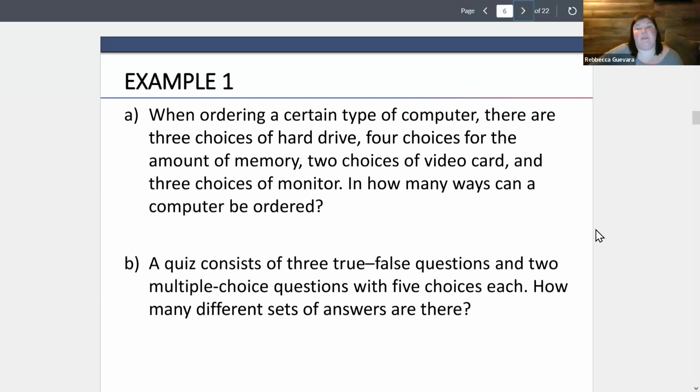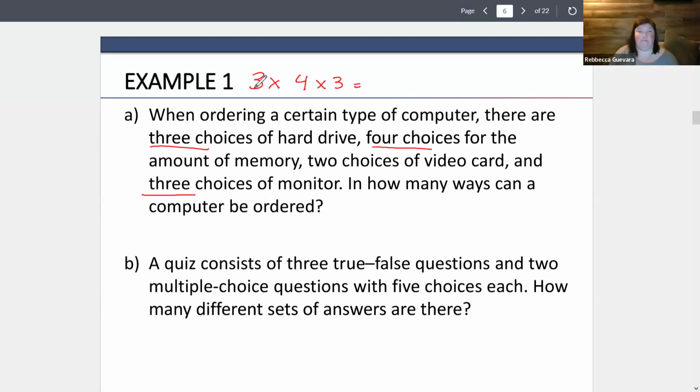So when ordering a certain type of computer, there are 3 choices for the hard drive. There are 4 choices for the amount of memory I can have. And there are 3 choices for the kind of monitor I can have. How many ways can a computer be ordered?